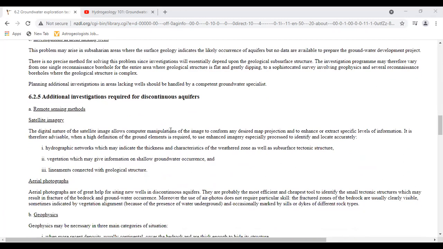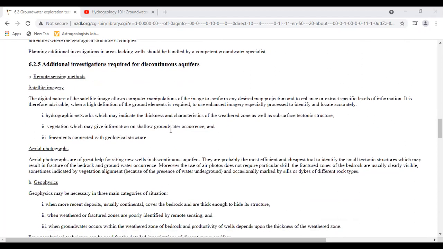Now, additional investigations are required for discontinuous aquifers. Here, we need to use the remote sensing methods. From the remote sensing methods, satellite imagery and aerial photographs are important here.